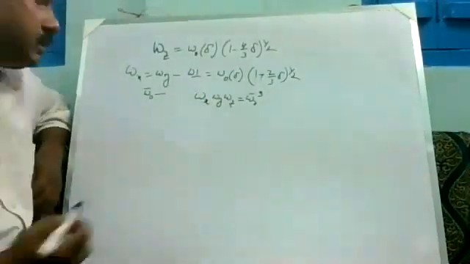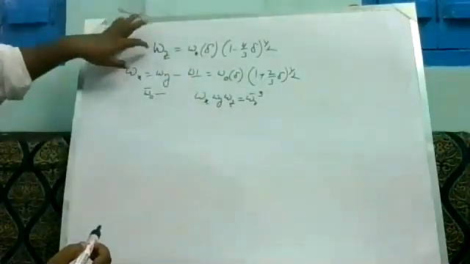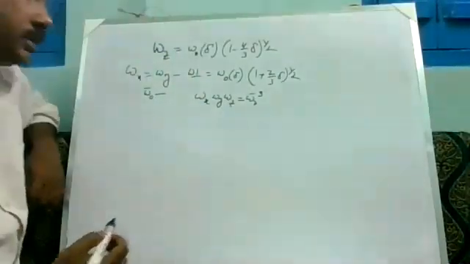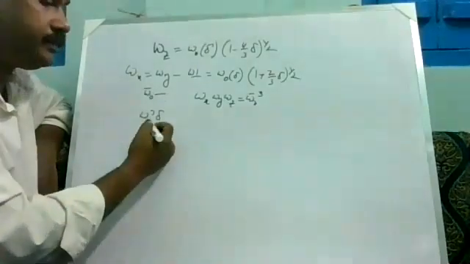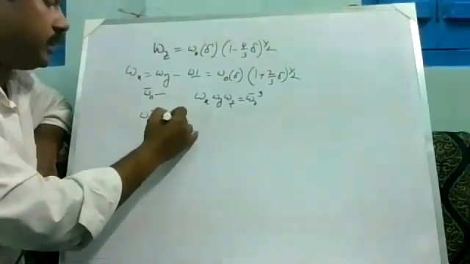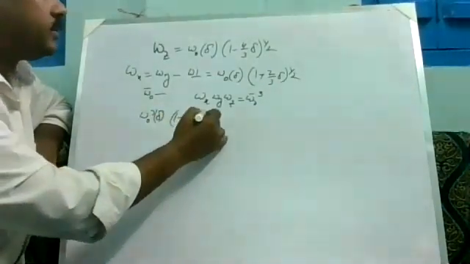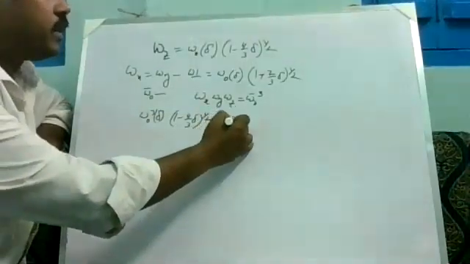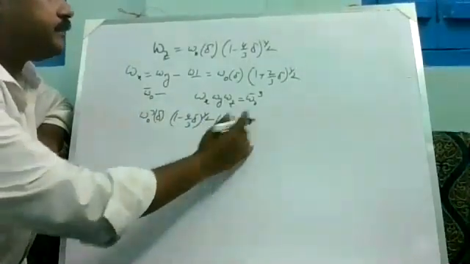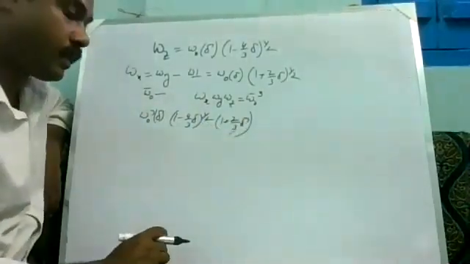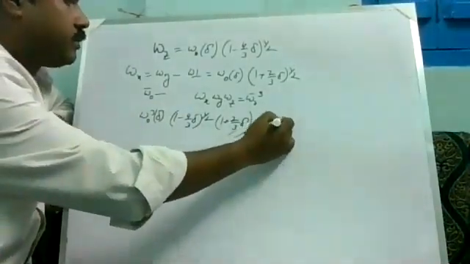Now if we substitute omega 0 x, omega 0 y, omega 0 z, then at once we will get omega 0 cube delta function of delta into 1 minus 4 by 3 delta to the power half, 1 plus 2 by 3 delta equals omega 0 bar q.